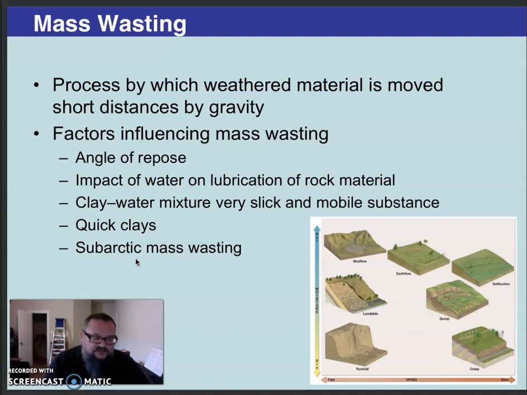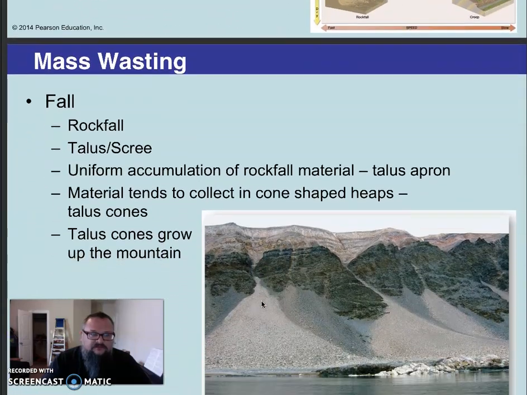That type of mass wasting basically turns the ground into a very, very slow moving river, as any place that isn't perfectly level begins creeping downslope because of the effect of gravity.